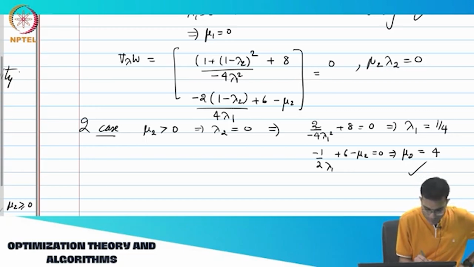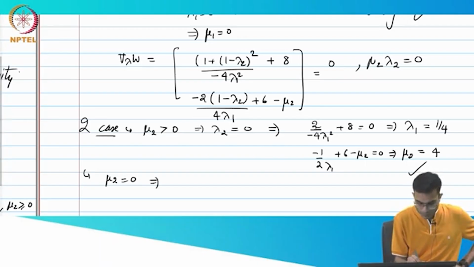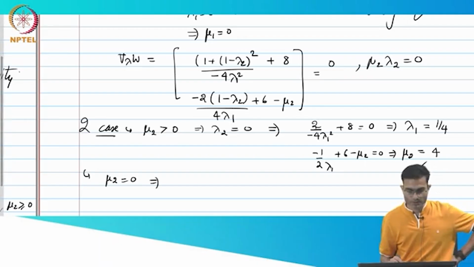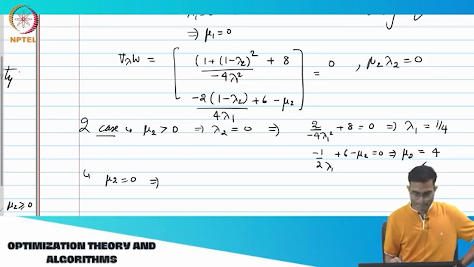The second case is mu 2 equal to 0. So if mu 2 equal to 0, what is the first expression giving me? If I take the gradient, what am I going to get?